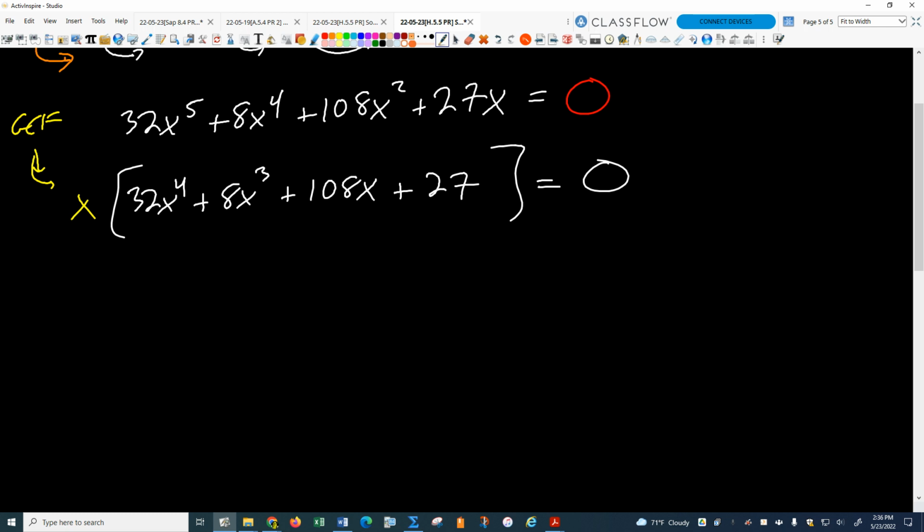If I've got a 4-term polynomial, how do I factor a 4-term polynomial? It's algebra 2. How is it again? By grouping, yeah. So we're just going to break this thing up into 2 groups of 2, right? So there's our division bar. We got our first group and our second group.